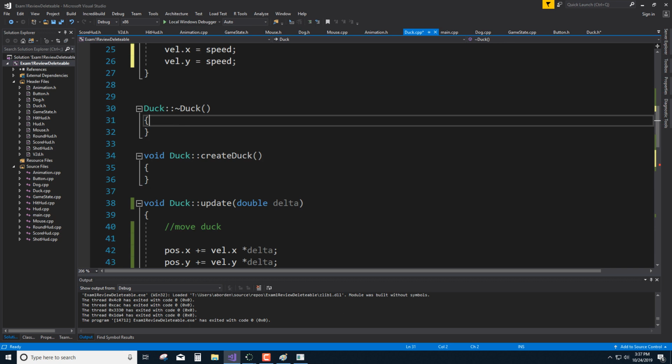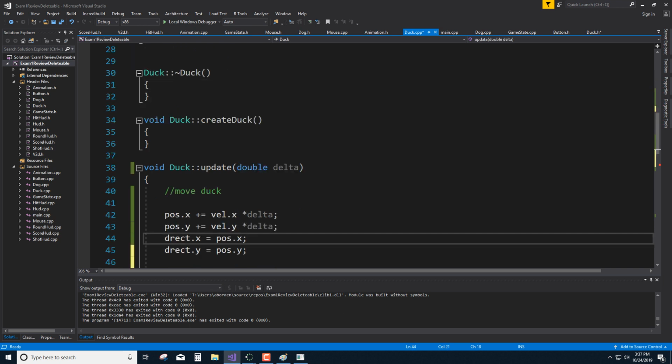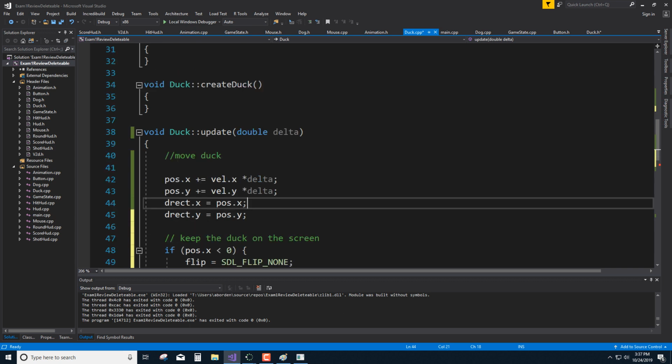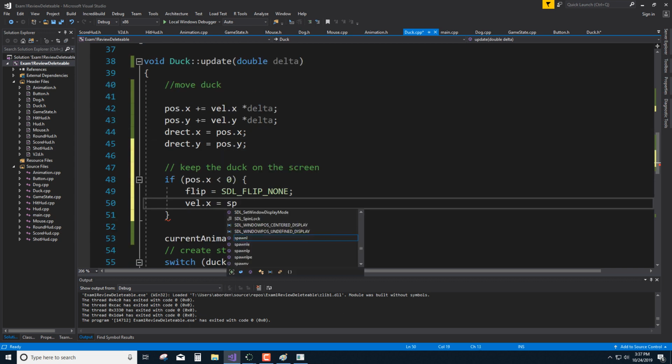I didn't really change anything because I have that divided by 100. Okay, so our velocity dot x will equal speed.